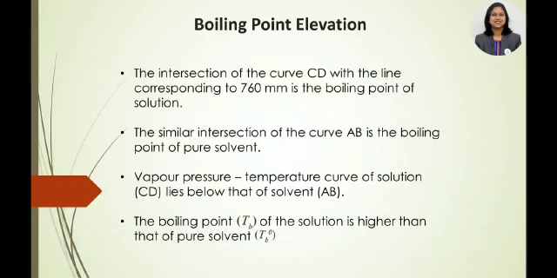The vapor pressure temperature curve of the solution, CD, lies below that of the solvent. The boiling point TB of the solution is higher than that of the pure solvent, TB0.